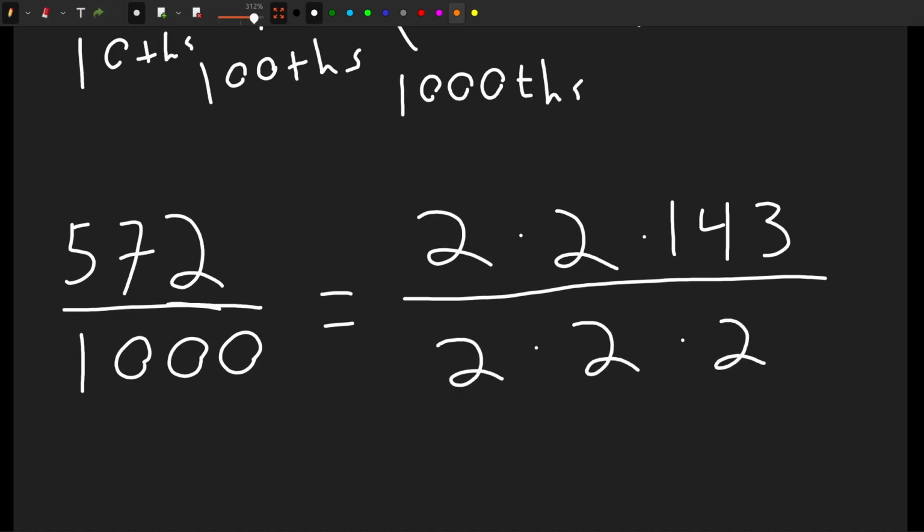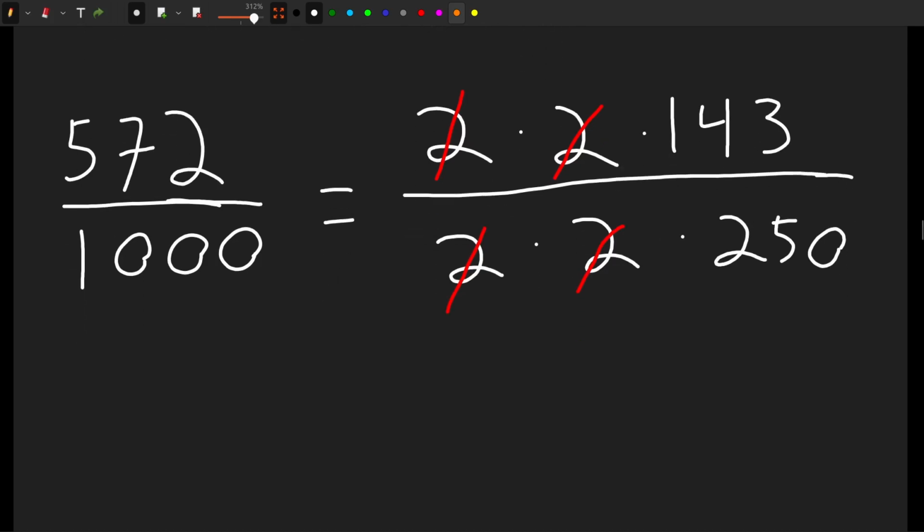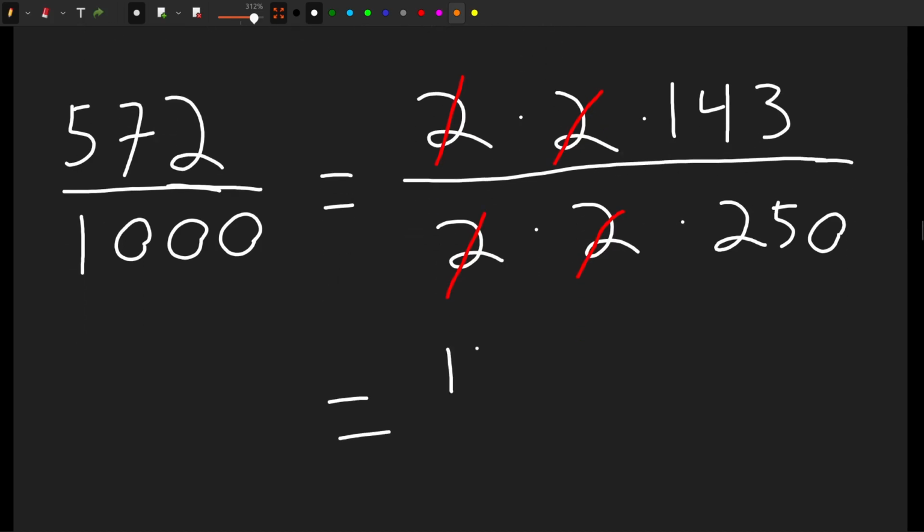I'm going to end it there because 143 I think is a prime number if I remember right. Yeah, so the 2's can cancel out. And then I am left with 143 over 250. Okay.